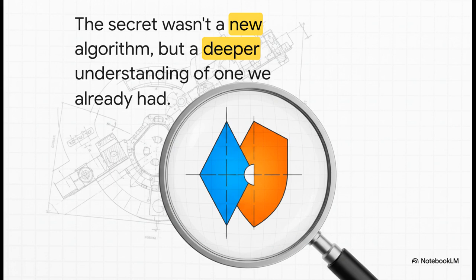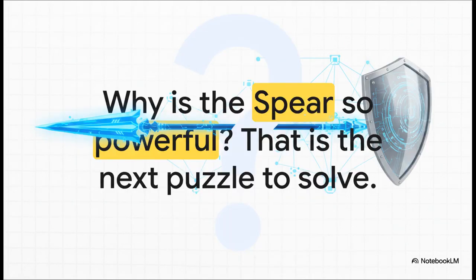You know, when you step back, what's so cool about this story is that the breakthrough didn't come from inventing some brand new, super complicated algorithm. It came from looking closely at a method people were already using and just asking a simple question. Wait a minute, why does this actually work? The real secret was hiding there the whole time. And this just perfectly captures the nature of science, doesn't it?